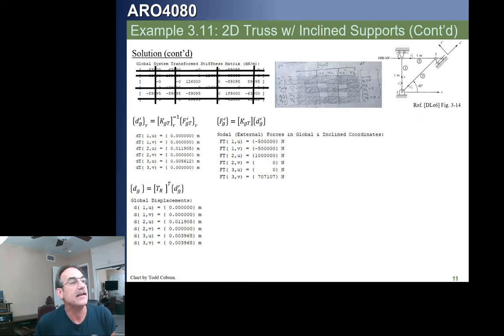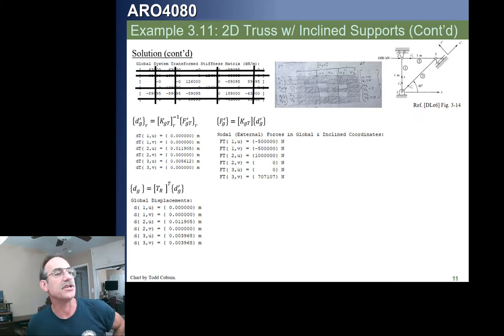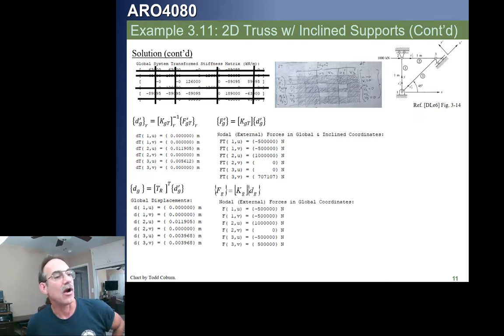And now we see we have the global forces at node. We get that constraint force at node 3 in the v direction. Got that? Okay. We then can take our global displacements and multiply them by Kg, and that gives us everything else.